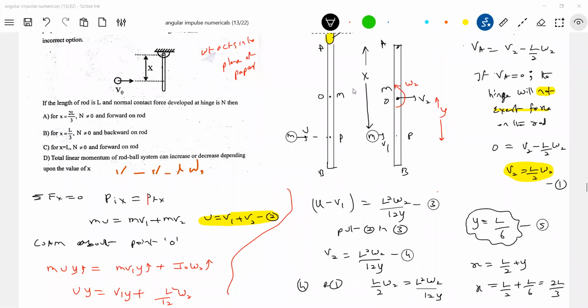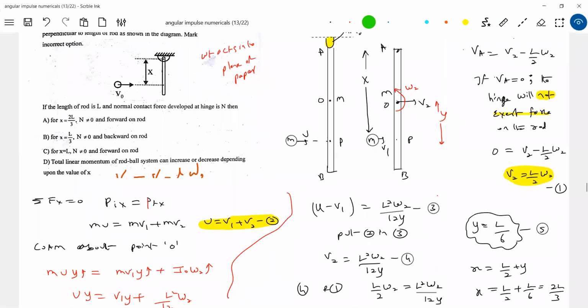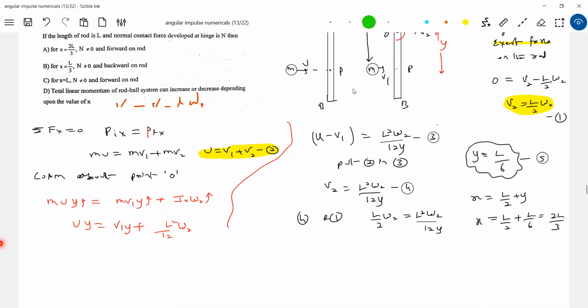Okay, now look at this. If the particle comes and strikes the rod at a distance 2L by 3 from the hinge, then what happens? There won't be reaction at the hinge. I'll put a broad statement.